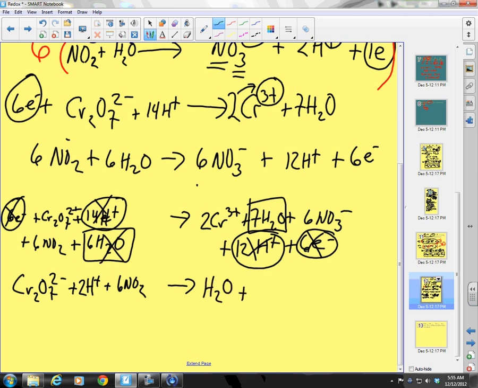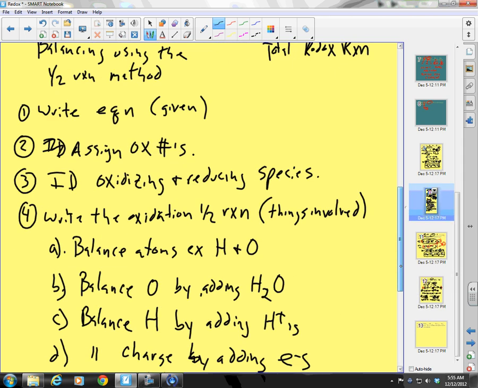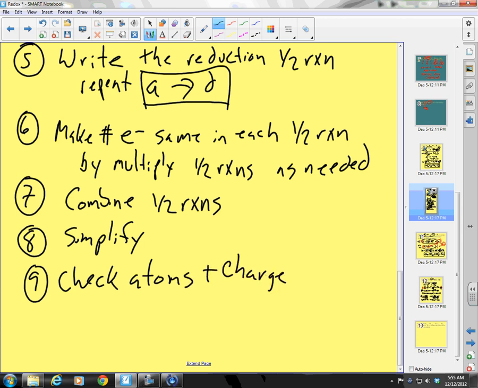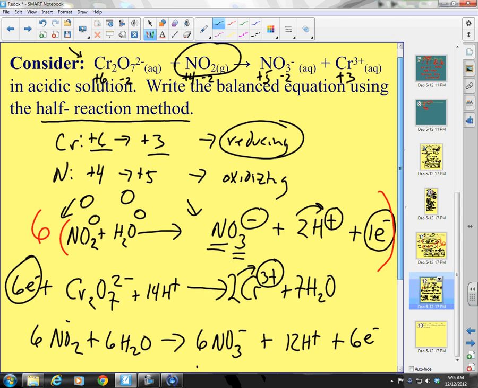Plus my 2 chromium 3+ plus my 6 nitrates, and everything else is gone. Okay, last thing. What do you suppose we should do last? Step 9. Check atoms and charge. I'm going to make sure my atoms balance and my charge balances. Here we go.